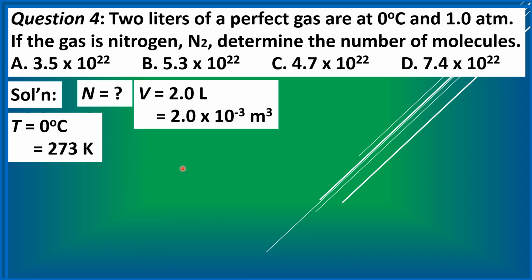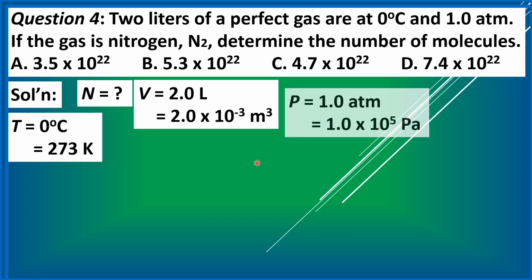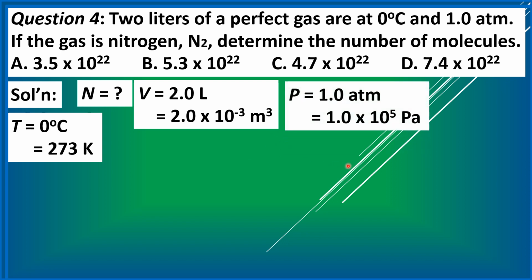We are also given the initial volume, V1, that is 2.0 liters, which when converted to the SI unit, meter cube, is 2.0 times 10 to the negative 3 meter cube. Also, we are given the initial pressure P1, which is equal to 1 atmosphere, and 1 atmosphere is equivalent to 1.0 times 10 to the fifth Pascal.